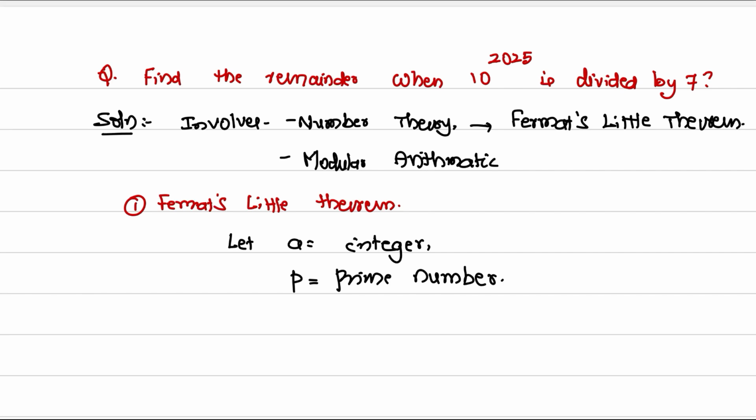A prime number is a number which cannot be divisible by any other number except the number itself and 1. Let p be a prime number and a is an integer. Then little Fermat theorem says a to the power of p minus 1 is equivalent to 1 mod p.